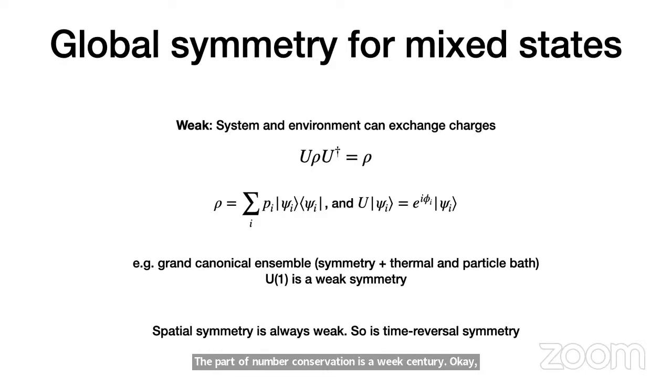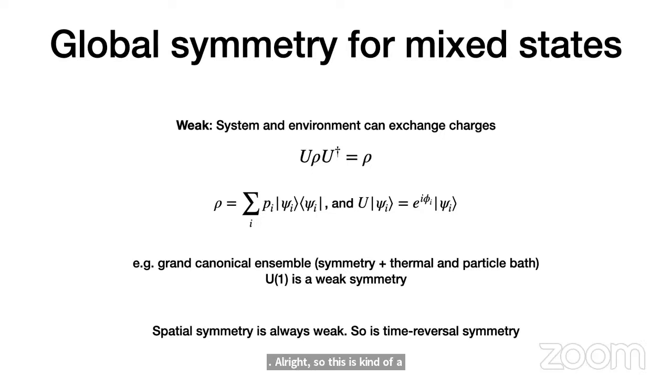It just doesn't make sense to act with a symmetry alone on a system, for example, translation or any spatial symmetry. Couplings only preserve the symmetry if you translate the system and the environment together. So that's always weak. And so is time reversal, because time reversal acts on everything, the complex conjugation acts on everything. But internal symmetries like U1 could be strong.